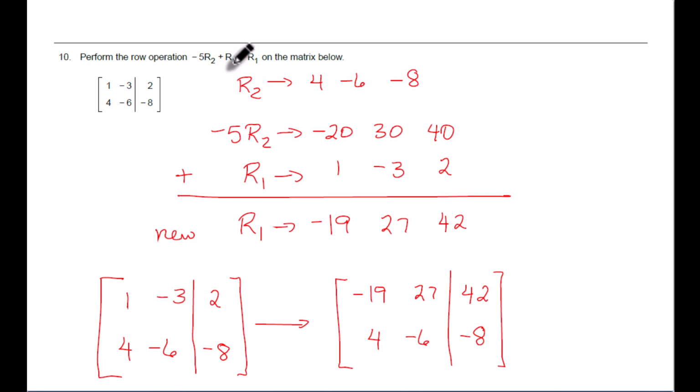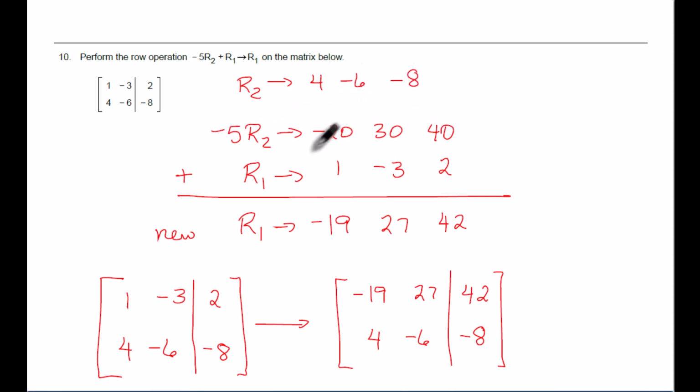All right, question 10. They want me to take -5 times row 2, all right, add it to row 1, and make a new row 1. All right, well, let's see. Here's row 2, so -5 times each one of those numbers.